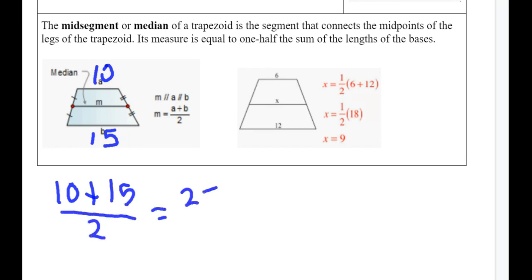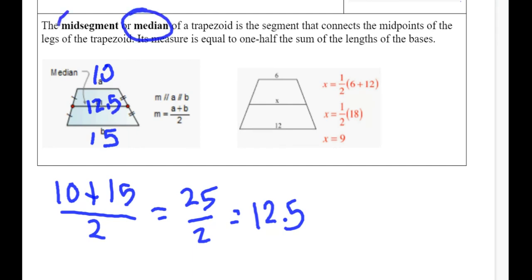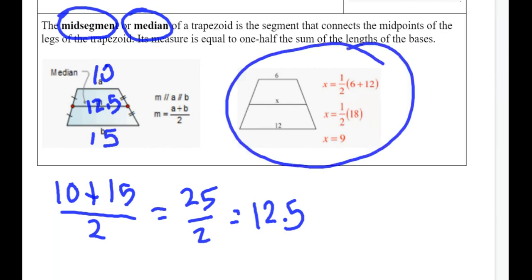So that's 25 over 2, and that's 12.5. So this middle segment is 12.5. And it's called a median, and it's also called a mid-segment, so you might see both of those words popping up. All right, and here's another example of how you would figure out the length of the mid-segment.